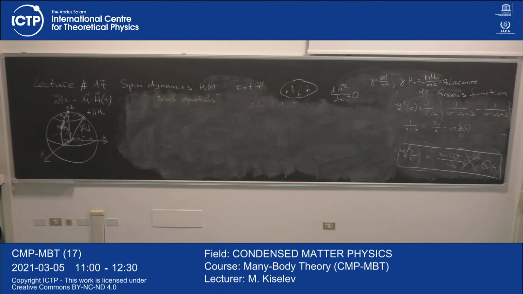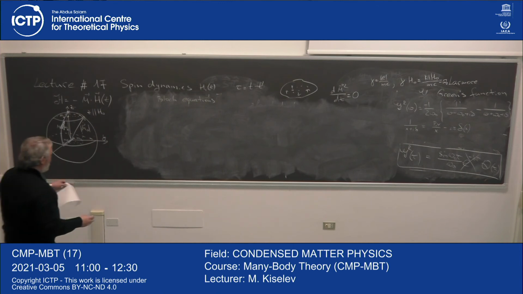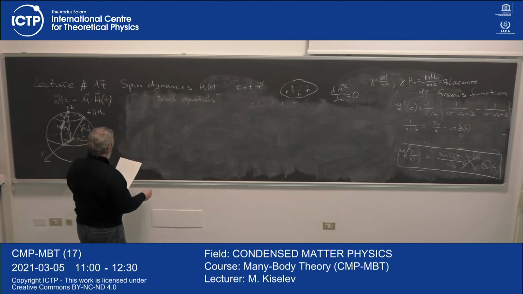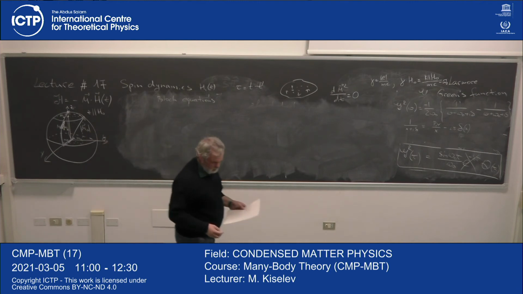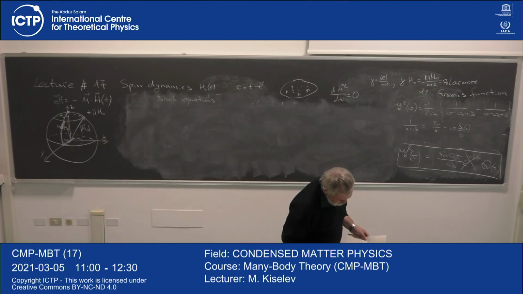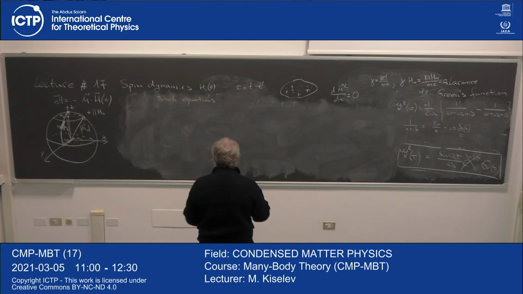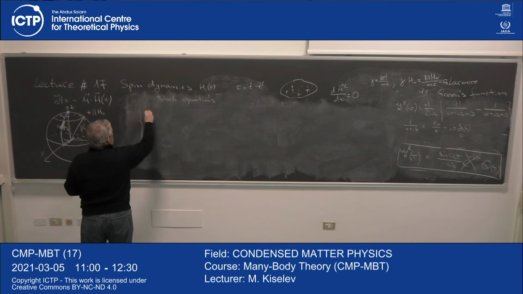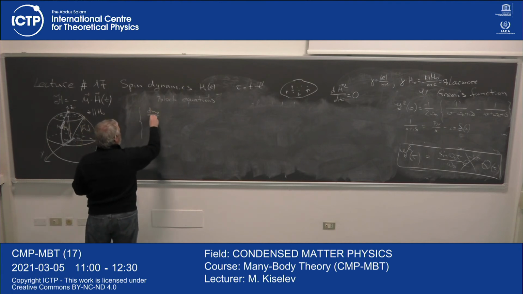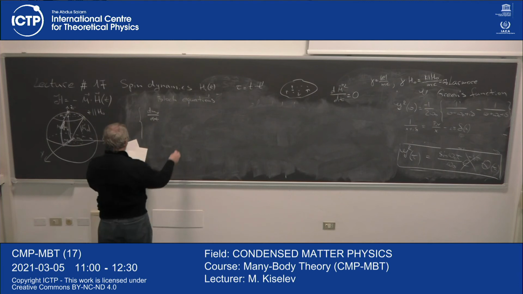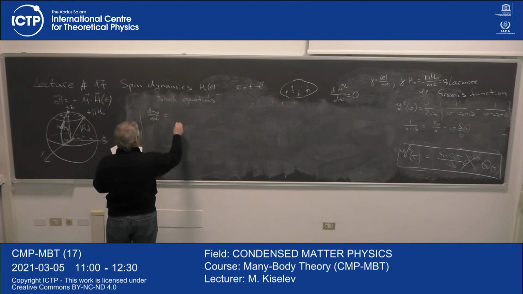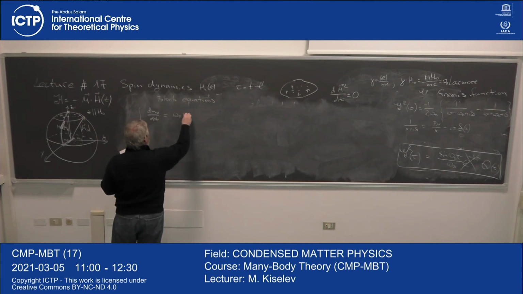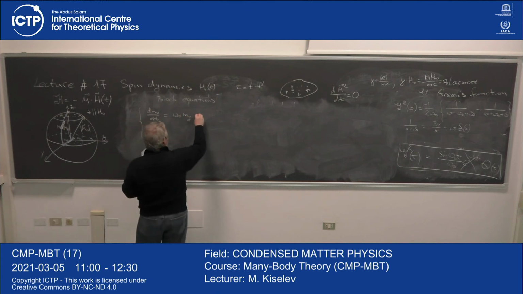Okay. The equations. If I write down the equations component by component, let me just do that. dmx over dt, I'm talking about the transverse component, is equal to omega naught my minus mx over T2.